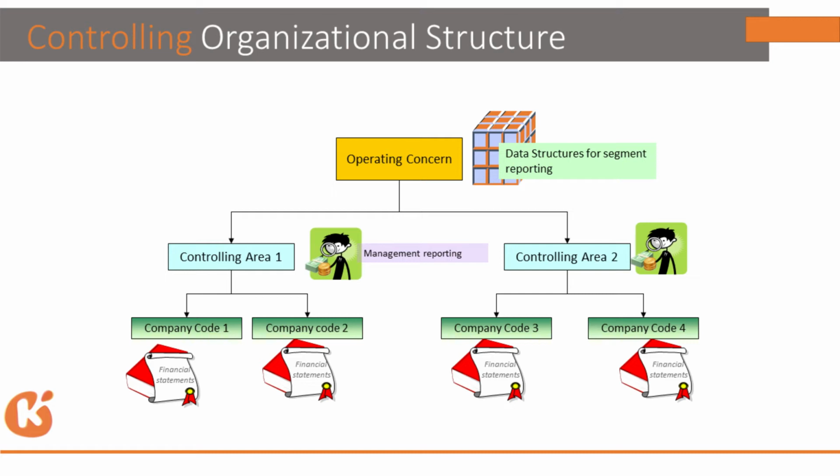Once we create the controlling area and enable some basic settings required for the controlling area configurations, we need to assign the company code to the controlling area. Then we can move into other sections like cost center accounting and cost element. Those can be done once your controlling area settings are completed.